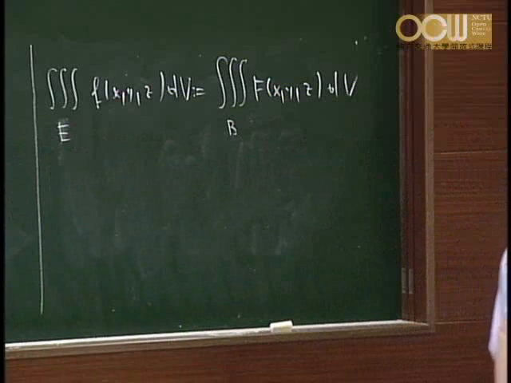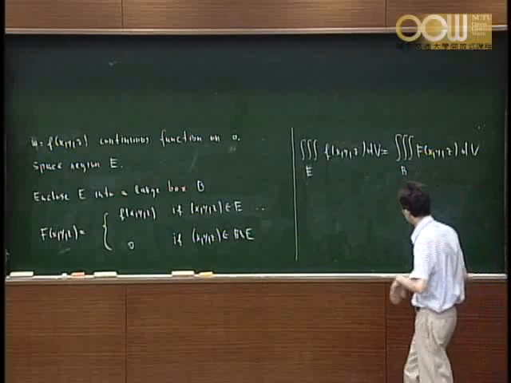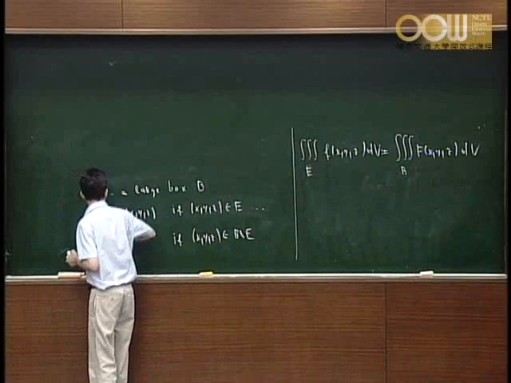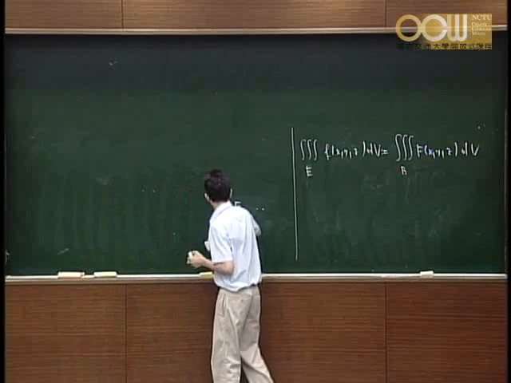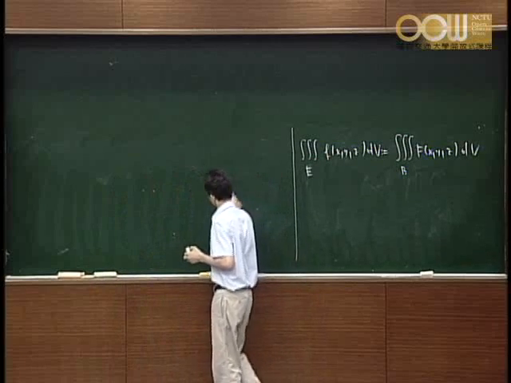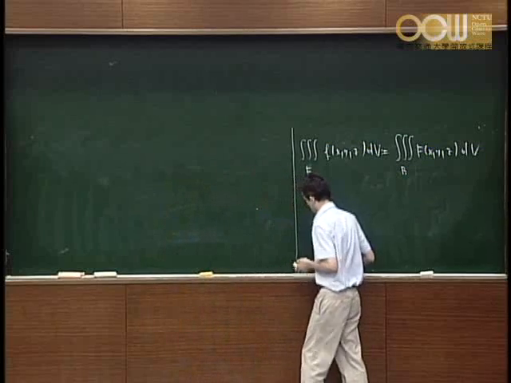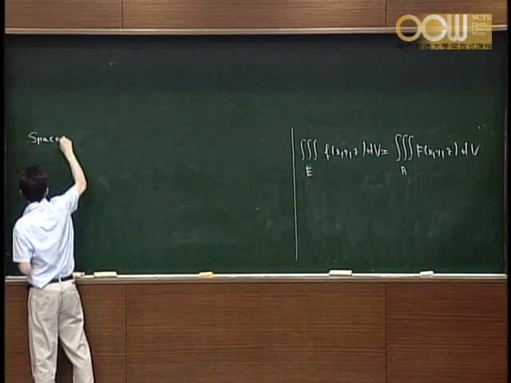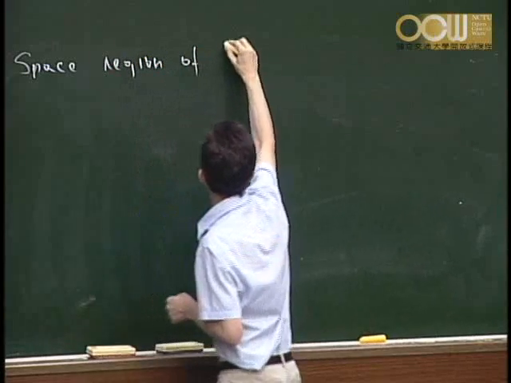Now our textbook defines space regions of type 1, 2, and 3, and explains how to compute the triple integral if you have a function given on a space region of one of those types. Okay, so a space region of type 1.